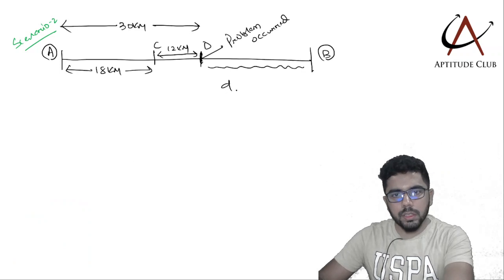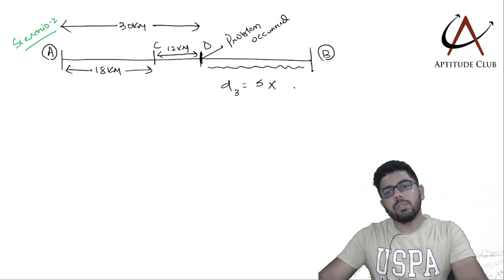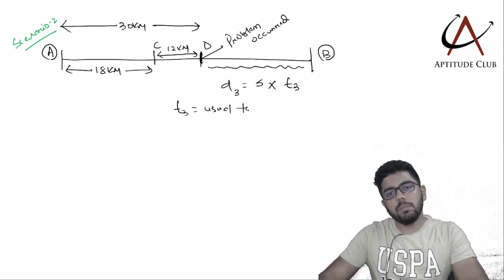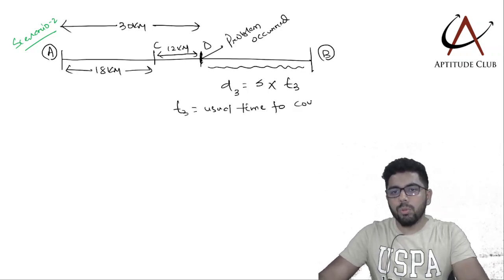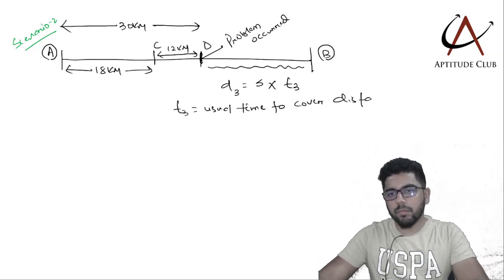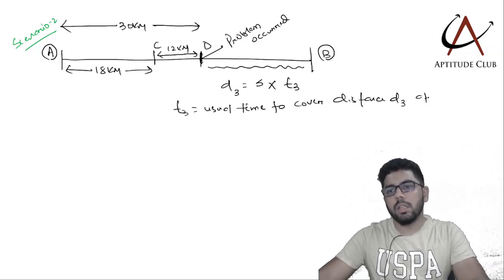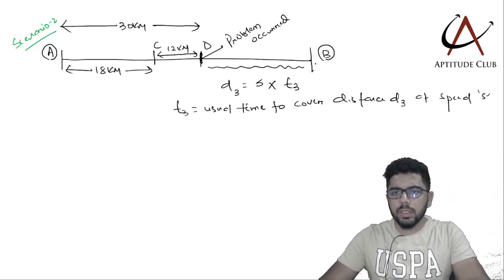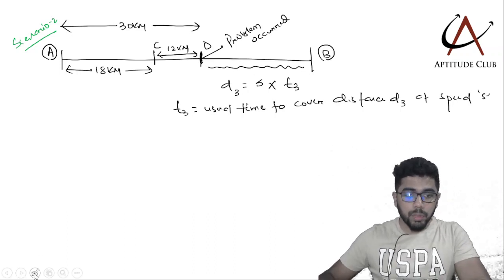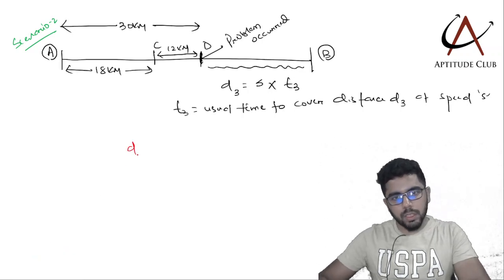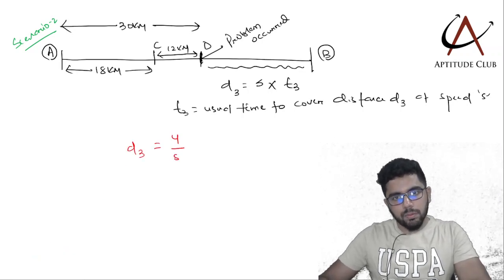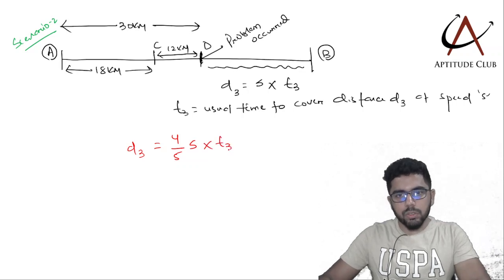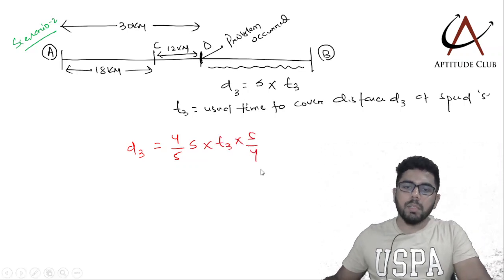So let us say this distance is D3, which is S into T3, where T3 is the usual time to cover distance D3 at normal speed S. So if there would not have been any problem, the car would take time T3 to cover distance D3 at its normal speed S. Now because of the problem, again a similar situation will arise. Speed has become 4 by 5 times of itself. So using the same logic, time will become 5 by 4 times.